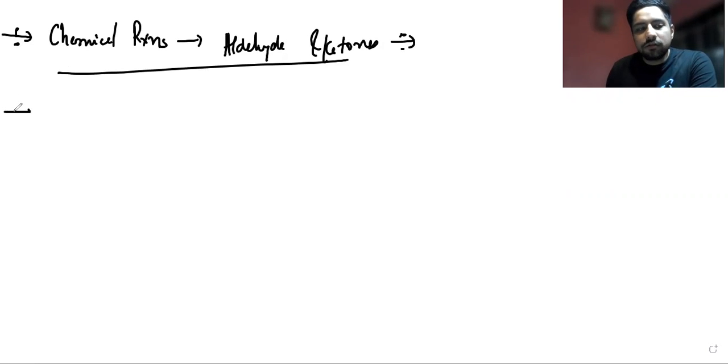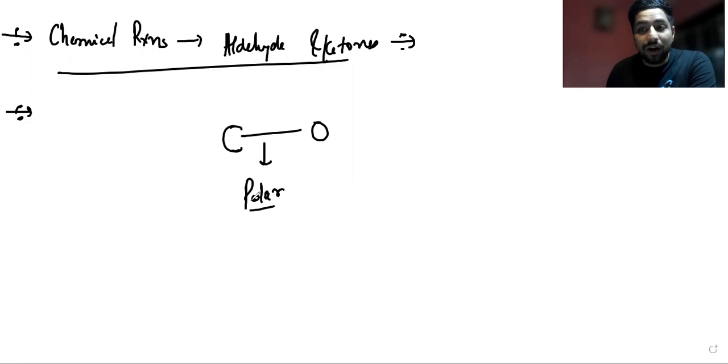See, first of all, we need to understand the nature of the bond between the carbon and oxygen. This carbon-oxygen bond is polar in nature. Why is this polar? Any bond is polar because of the difference in electronegativity. Here, oxygen is more electronegative. The electronegativity of oxygen is around 3.5 and carbon is around 2.2.